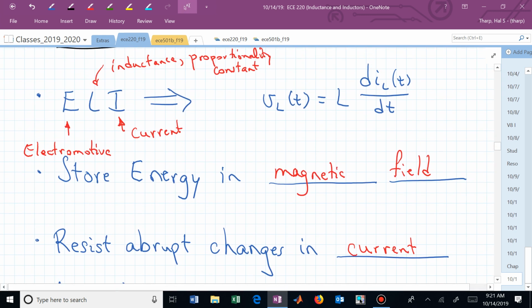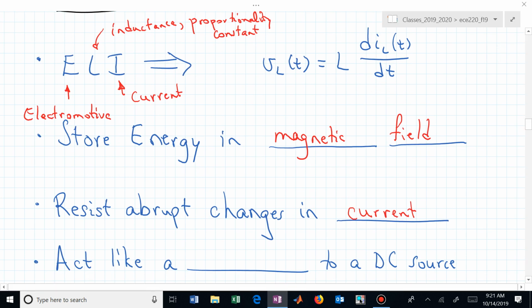Now, if you look at the current-voltage relationship associated with an inductor, and now if you had I being a DC source, what can you tell me about the inductor now? The inductor acts like a blank to a DC source. What's the voltage across an inductor when you have constant current?